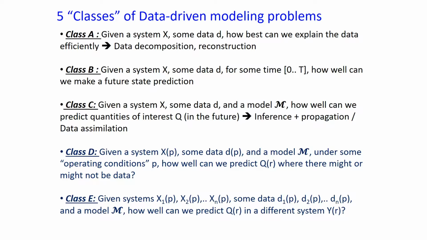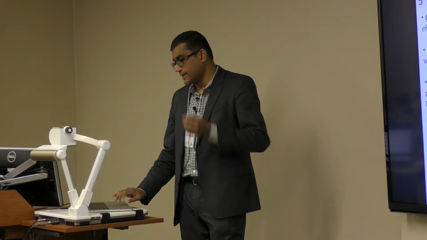So that is what I call class D. But really what we want to be doing in many different physics problems, turbulence modeling is one, material science is one, is to gather data from different systems at different operating conditions, and then try to predict different quantities of interest in different systems that have some similar underlying physics. So we want to develop techniques that can help address class D and class E.